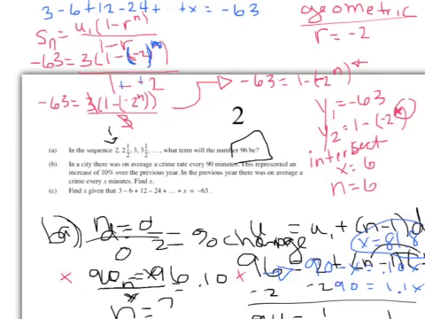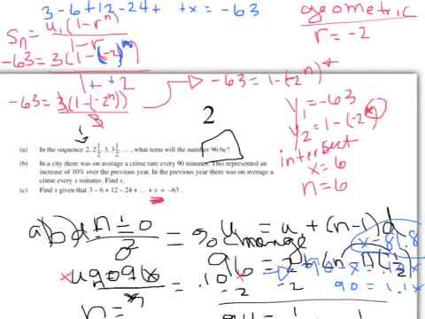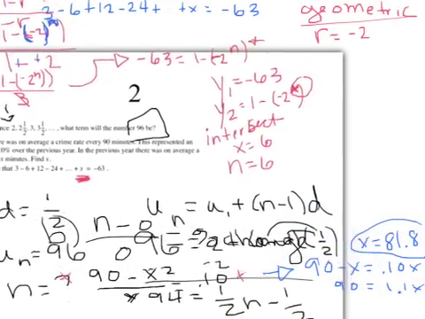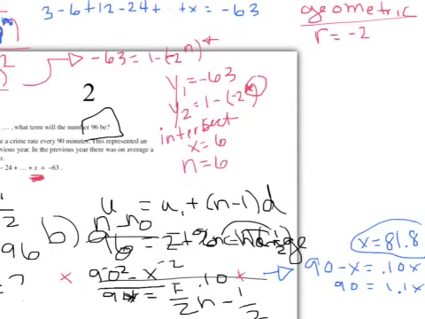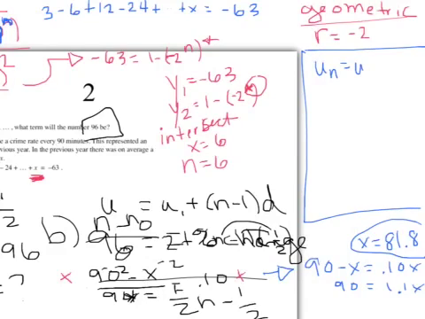So I still have yet to find the value of x. But for that, I know because it's geometric that I can find the nth term using the formula. That this is u1 times r to the n minus 1.